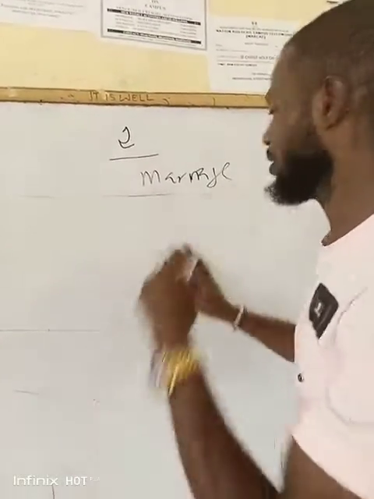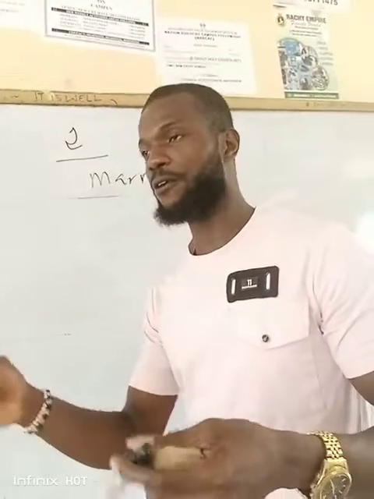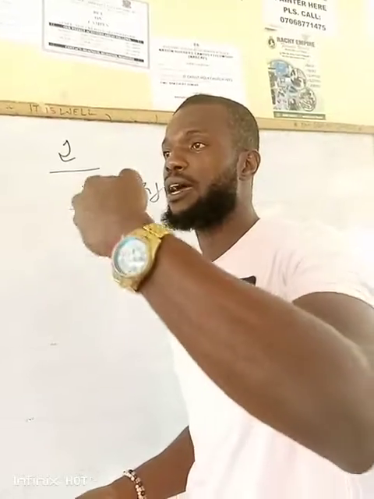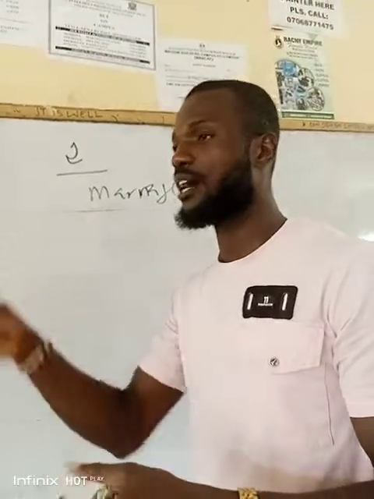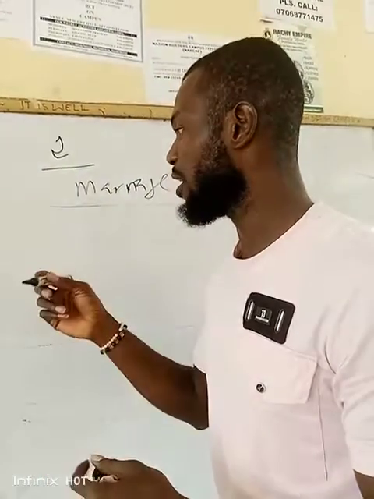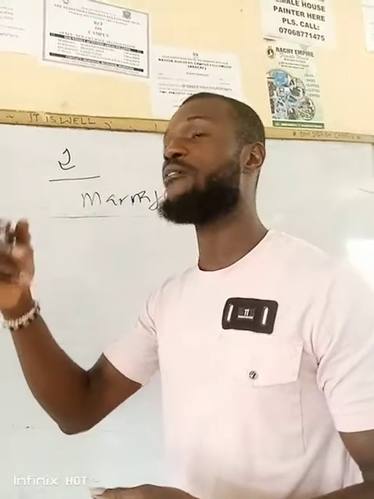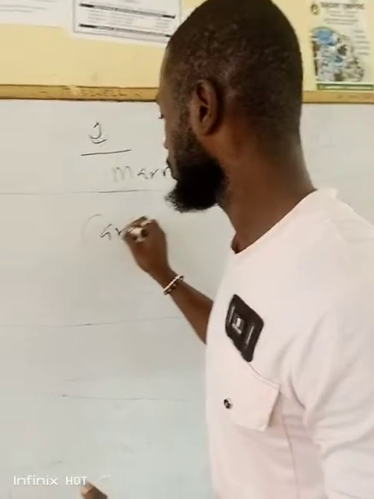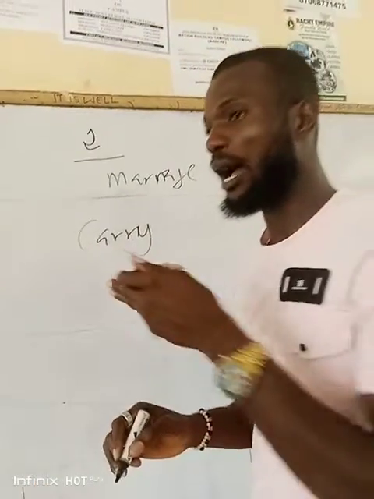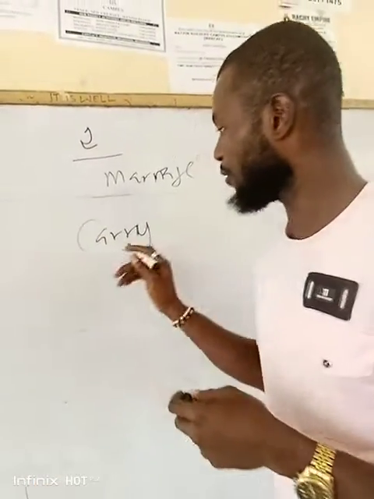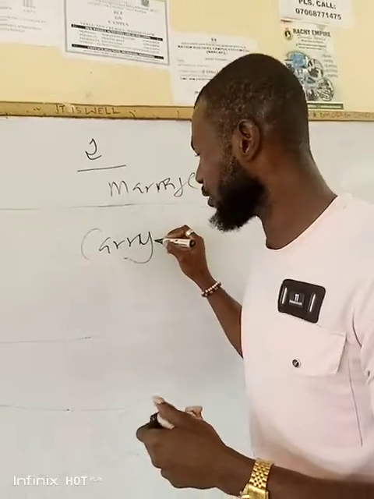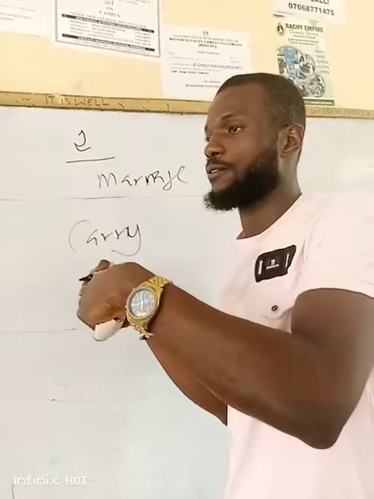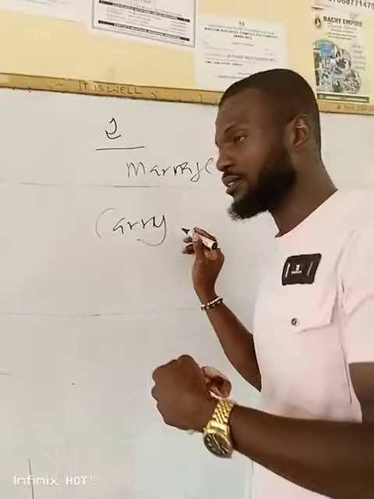Number 3 for R going up: whenever R has a final vowel. For example, what is this? Carry. Now, the final vowel there is the E sound in that word, following R. Carry.